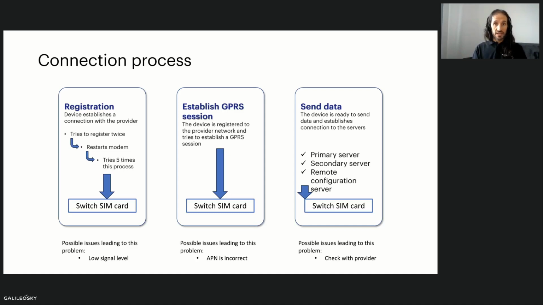So if you discover that the device is failing while trying to establish a GPRS session, you need to check if the APN is correct. And the mechanism will be the same. If the APN is not correct, it will fail and it will try to restart, and it will do it 5 times. And if everything fails, it will go and switch the SIM card, right?